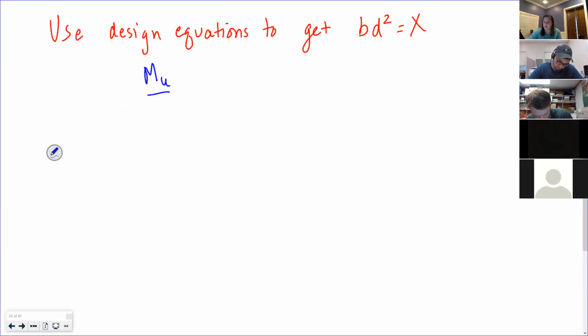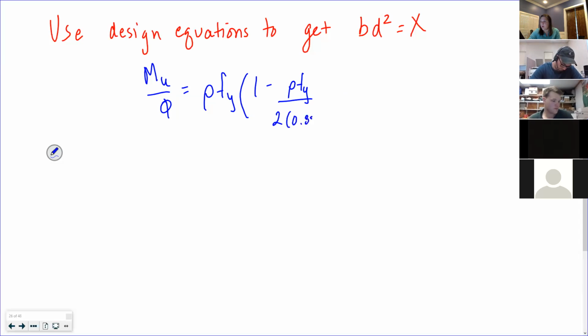Mu over phi is equal to rho Fy times (1 minus rho Fy divided by 2 times 0.85 f'c) times b d squared.